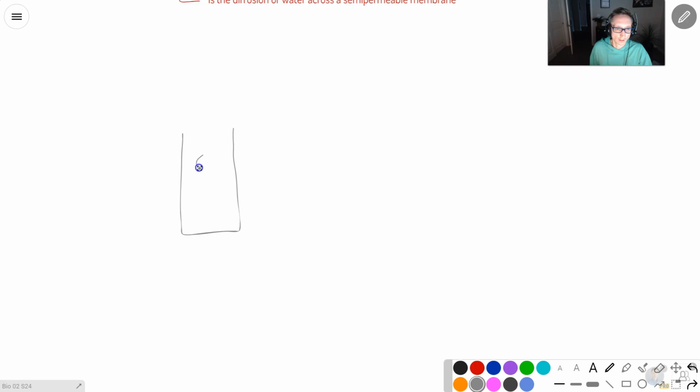It doesn't actually really need a bulb, but it's cool for effect. And then we got our liquid water here. Let's say this is pure water.